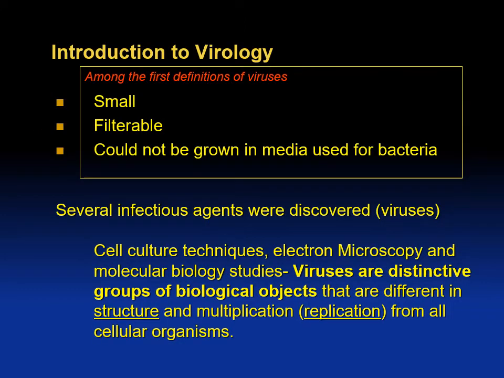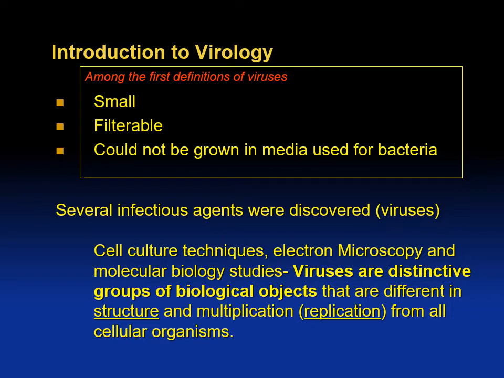Now, at that time, probably one among the first definitions of viruses is that they were very small, tiny, and they were filterable. So you could filter them, meaning that the sap or the extract which was taken, even when filtered, the filtered solution still contained those agents or particles.